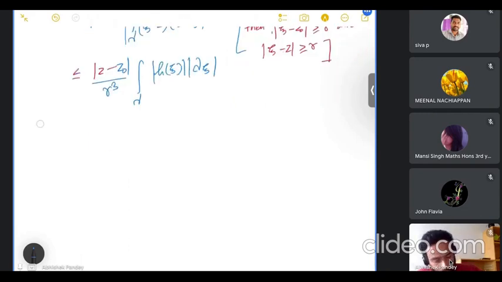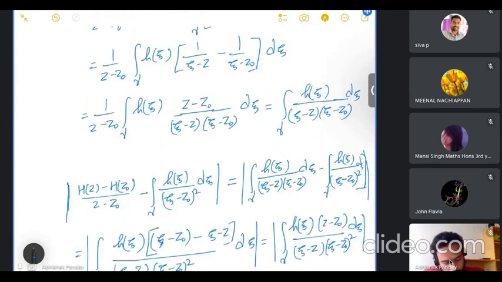Okay, as z tends to z naught, the right hand side tends to 0.